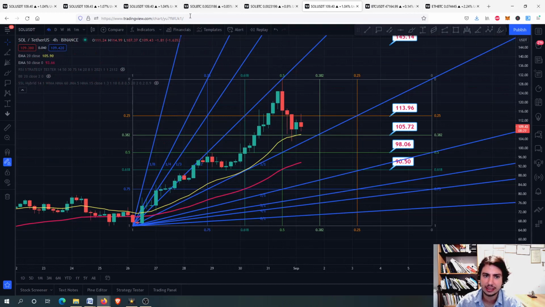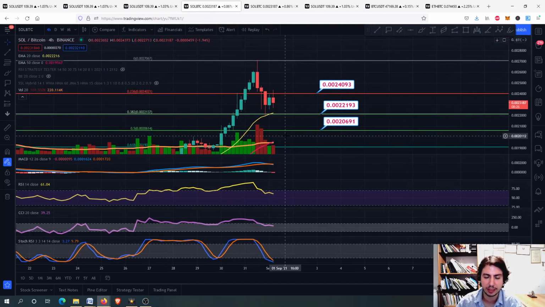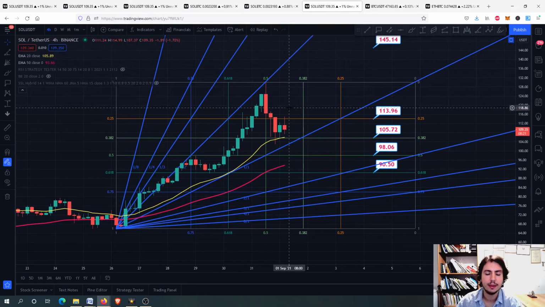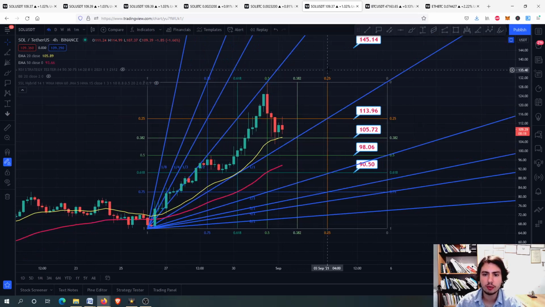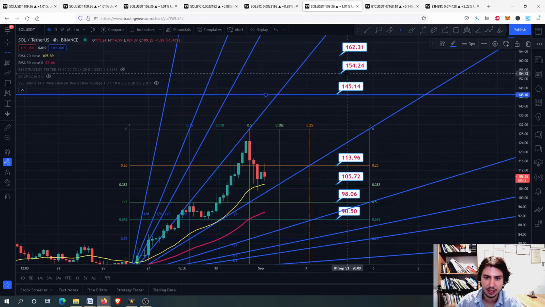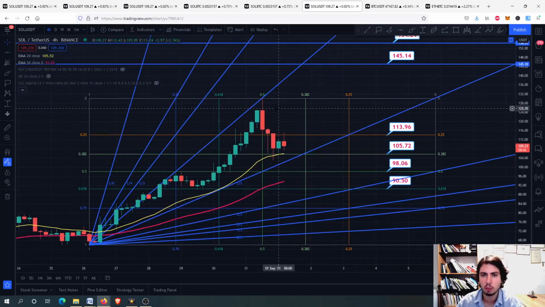Even if it is underperforming, except if we have a major underperformance right here, then it won't help Solana pretty much. So you have to be paying attention. The next price targets are the 145, 154, 162. For the moment, looks like a healthy correction, but with some question marks.